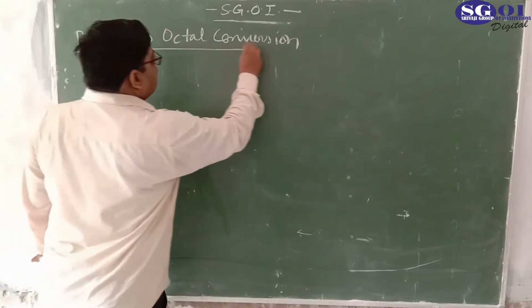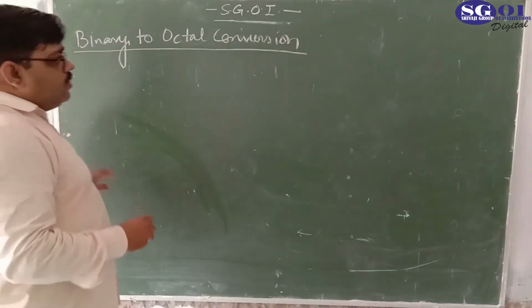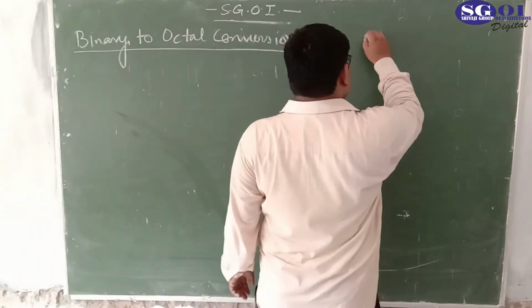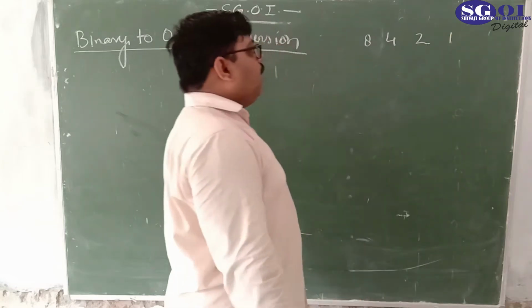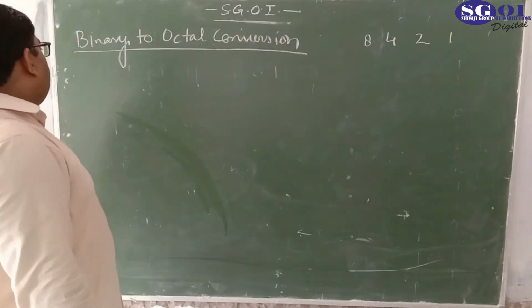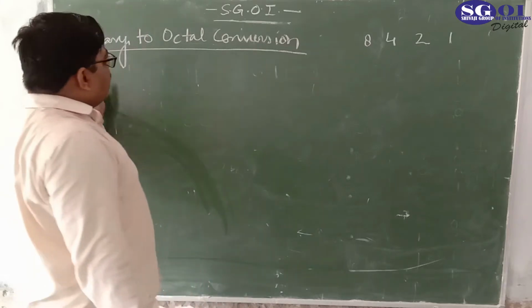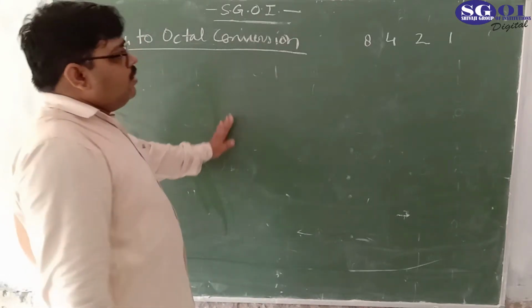For that we use a table that is 8, 4, 2, 1. This is the table which is very helpful to convert a binary number into an octal number.